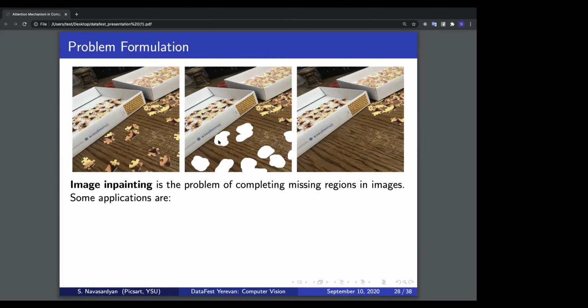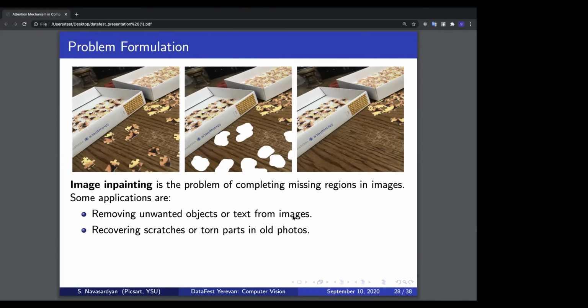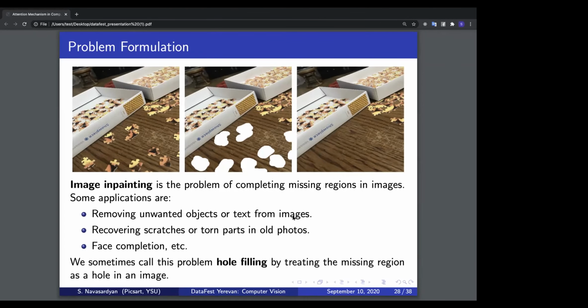Then we somehow identify the region which we want to fill or which we want to remove, and want to output a result like this. Applications can be removing unwanted objects or text, recovering scratches or torn parts in old photos, or face completion, etc.